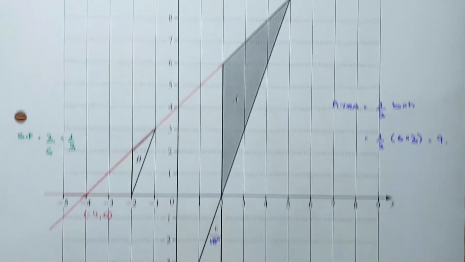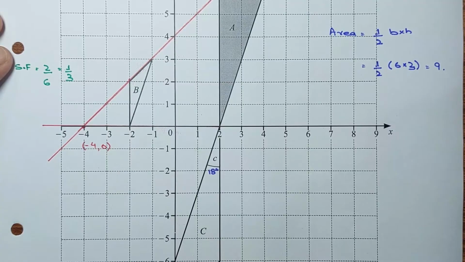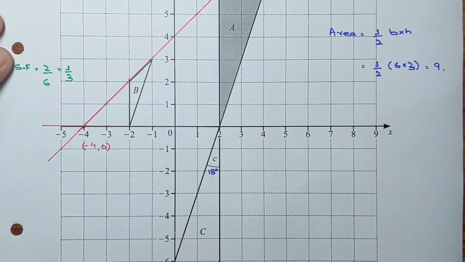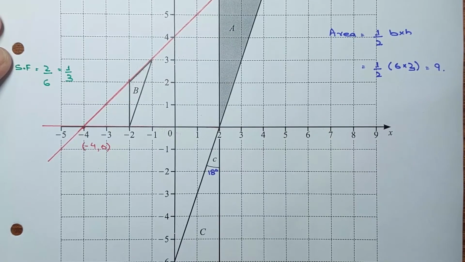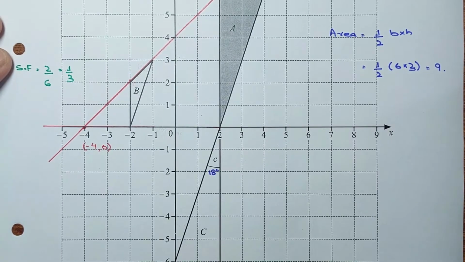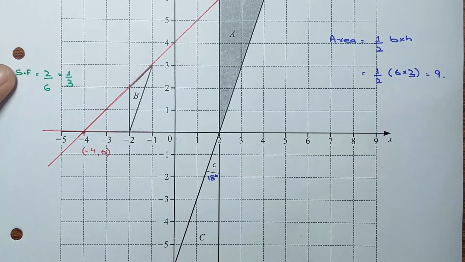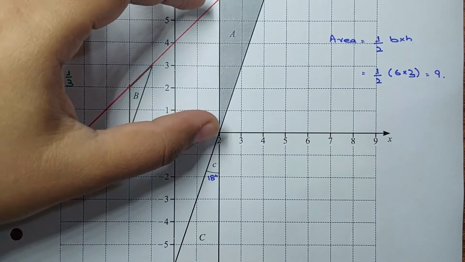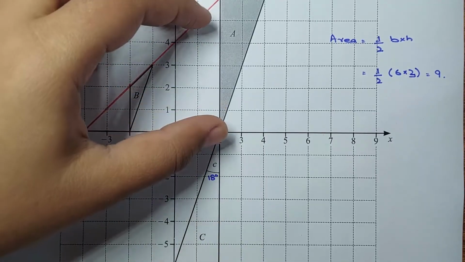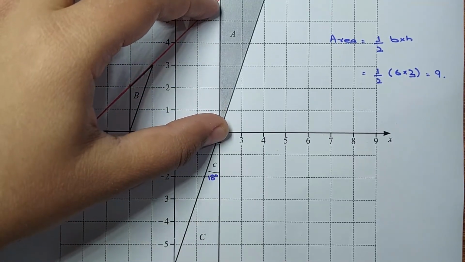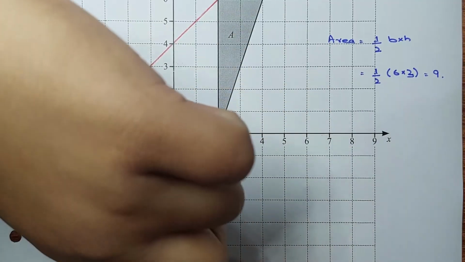Now for the second part, triangle A onto triangle C. You can see A onto C. This is a rotation. And we have to find the center of rotation and the orientation of rotation. Because we can see this length of triangle A would be this length of triangle C. So from this point, if we do the rotation, it rotates like this.